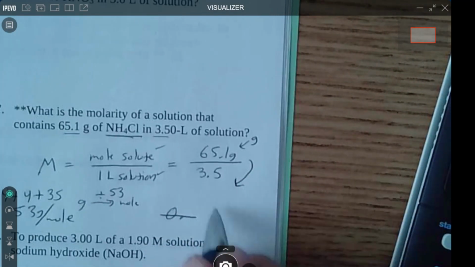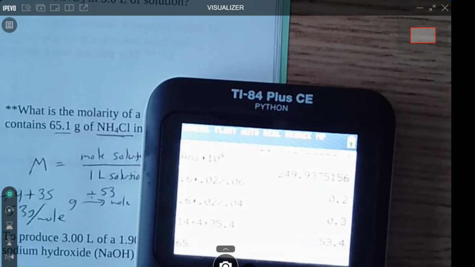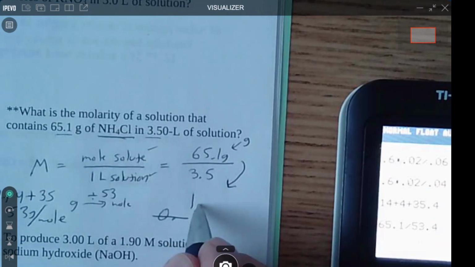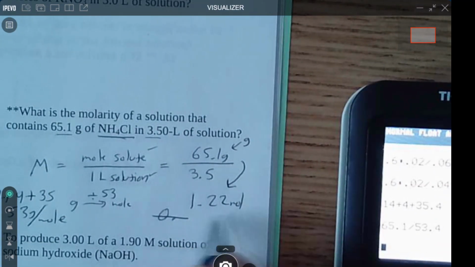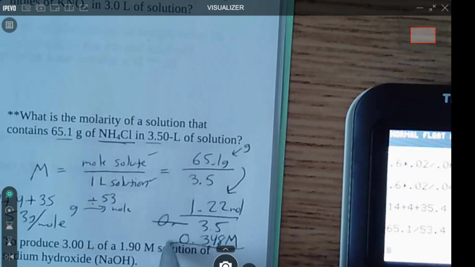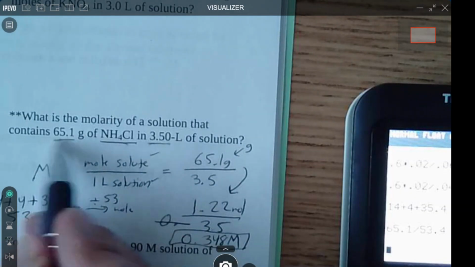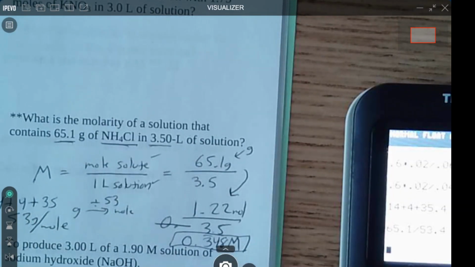So now we take the 65 that we started with, divide it by the molar mass, and we get 1.21 moles over 3.5 liters, and that should equal 0.348. Now, why do I get that in molarity? That's our final answer, because over here we have 3 significant digits, and here 3 significant digits, so we have 1, 2, 3 significant digits in our answer.